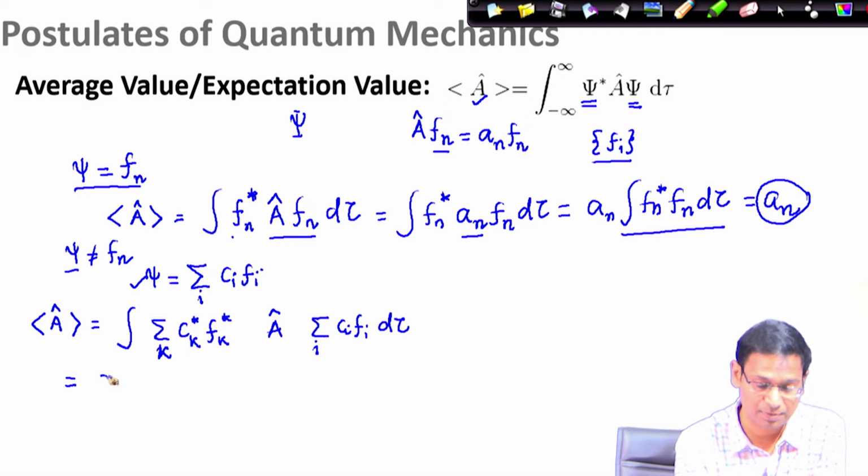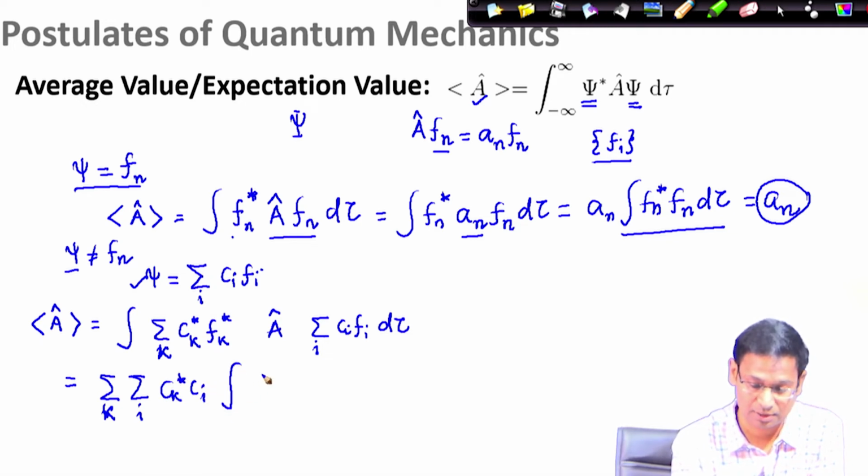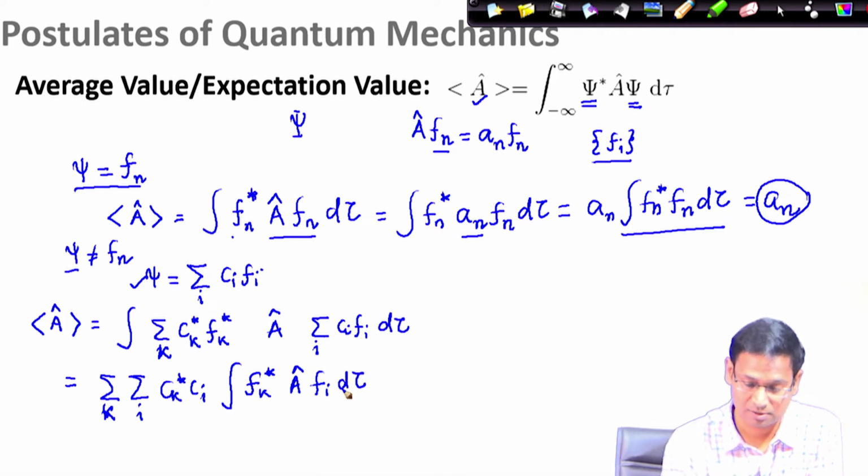I can rewrite this by bringing these summation signs and the coefficients outside of the integration, C k star C I, and then I am left with f k star A f I d tau.